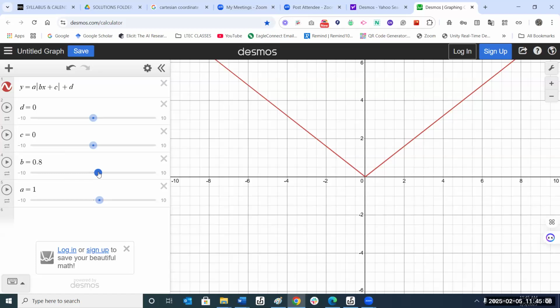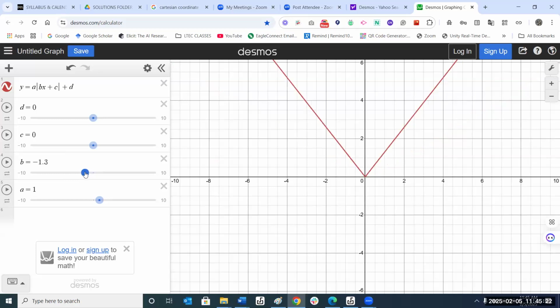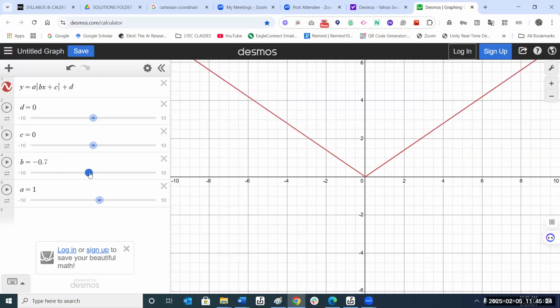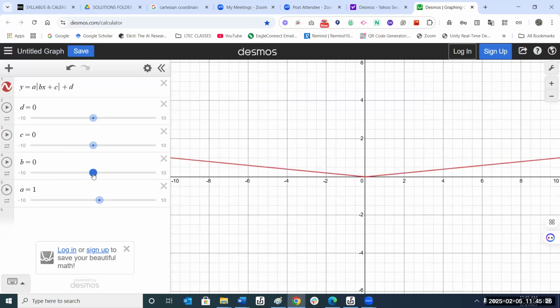Remember, it's always opposites. So if it's a vertical stretch, it looks the same as a horizontal constriction. If it's a horizontal stretch, what's it going to look like in vertical? Compression. So if my B becomes between 0 and 1, it looks like a vertical compression. What it really is, it's a horizontal stretch.